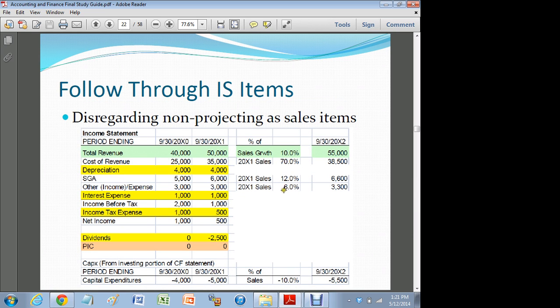Here we have 12%, 6%, and then we take these percentages and multiply by the 55,000 because this is the new revenue figure. Also in this case, we have CapEx following that rule. A negative sign on the CapEx means that you're spending that much money, because this was taken from the cash flow statement. But the idea is that you're spending this much money, so don't let the sign confuse you for CapEx.